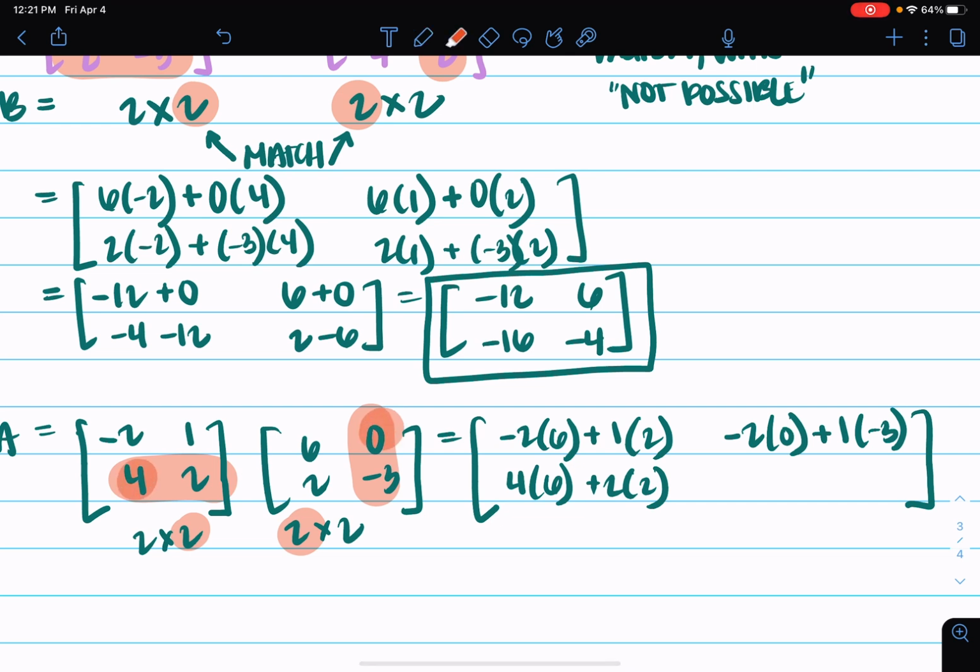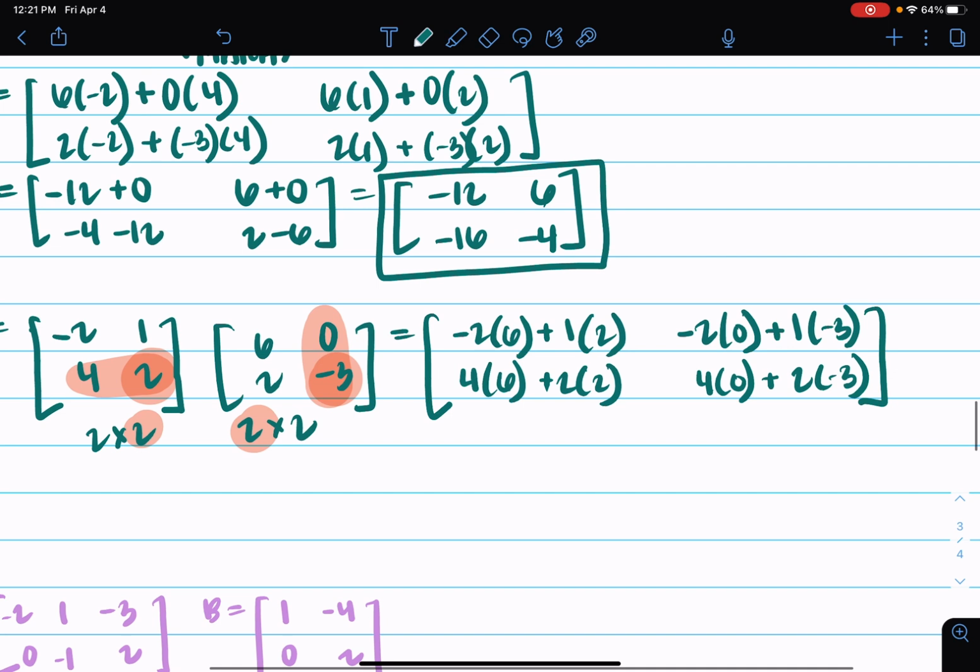So we're going to do 4 times 0 plus 2 times negative 3. Now we just simplify.